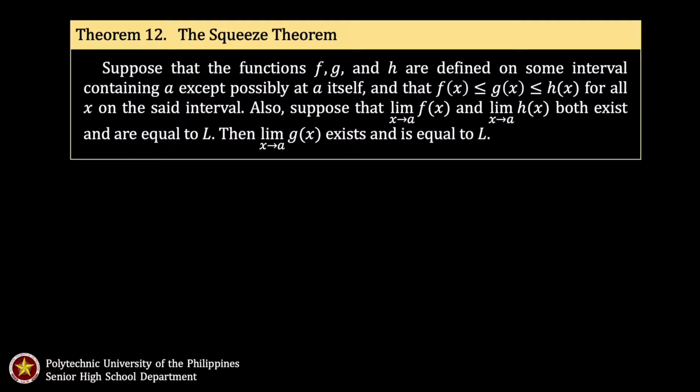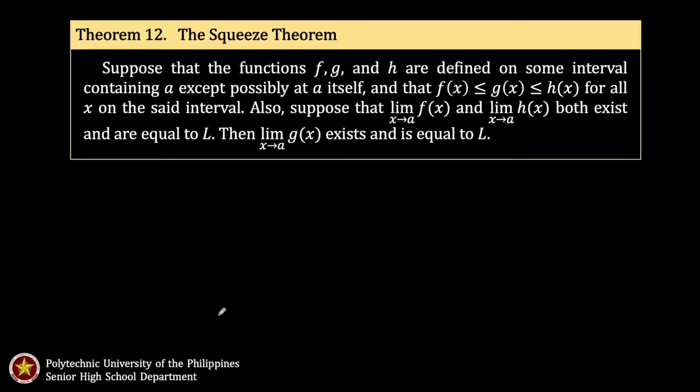Also, suppose that the limit of the function f as x approaches a and the limit of h as x approaches a both exist and are equal to L. Then, as a conclusion, we can say that the limit of the middle function, which is g, as x approaches a exists and is equal to L.